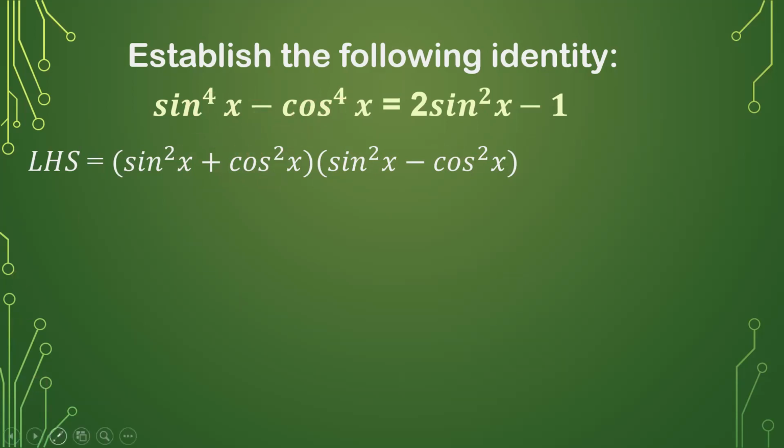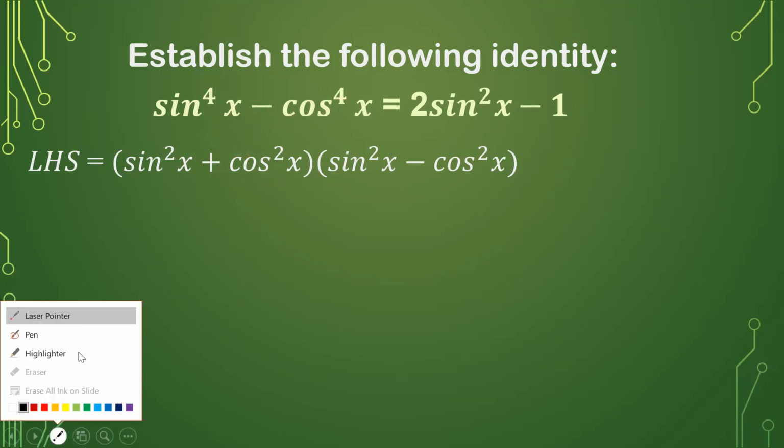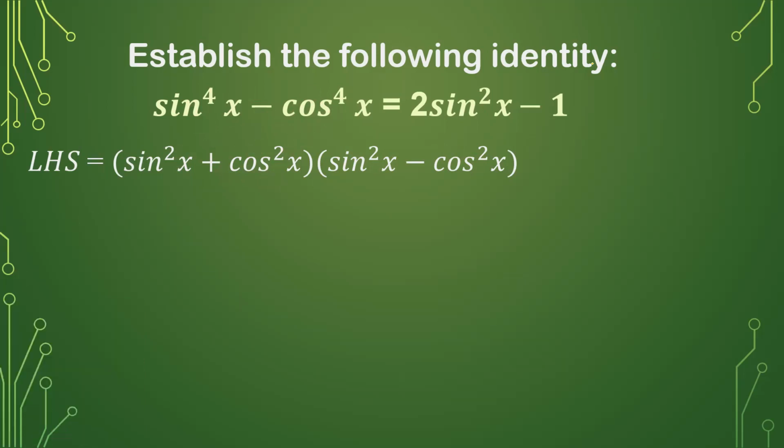Again, what we used, let's write it here, a squared minus b squared, or in this case, a to the fourth minus b to the fourth, which is equal to a squared plus b squared multiplied by a squared minus b squared.